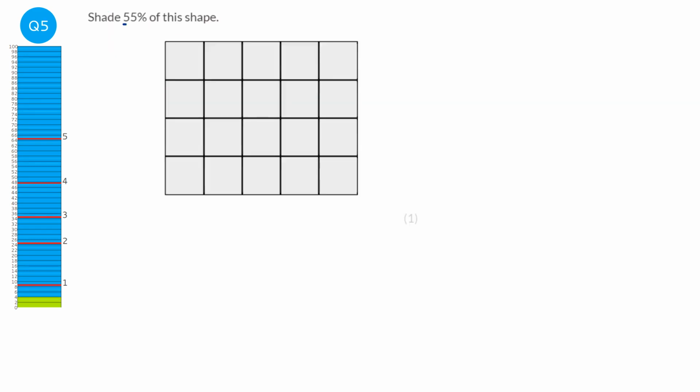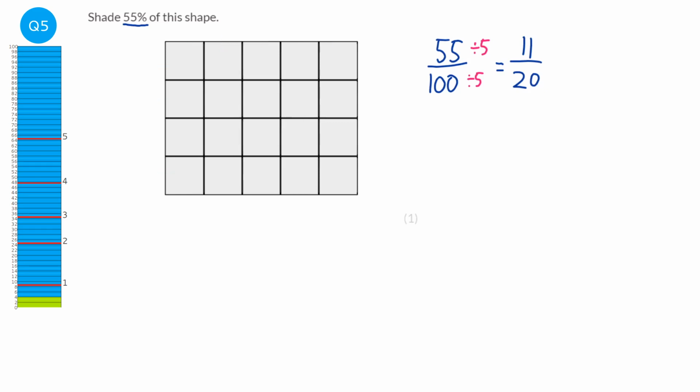So 55% is the same as 55 over 100. And what I can do is I can divide top and bottom of the fraction by 5. And so that is going to equal 11 over 20. Now in total there are 20 squares here because there's 5 across and 4 down. 5 times 4 is 20.